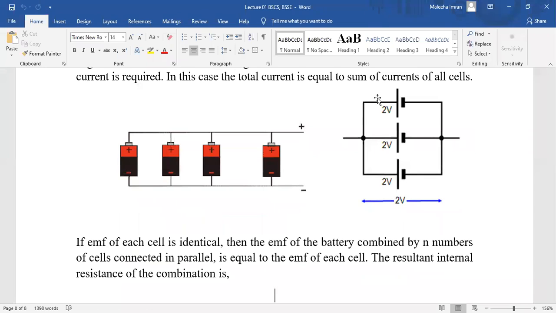तो इफ EMF each cell is identical, then the EMF of the battery combined by a number of cells connected in parallel equal to the EMF of each cell. The resultant internal resistance of the, अब बताएं कि अगर सेल्स को आप पैरेलली कनेक्ट करते हैं तो उसकी इंटरनल रेजिस्टेंस जो है वो इंक्रीज करेगी या डिक्रीज करेगी?